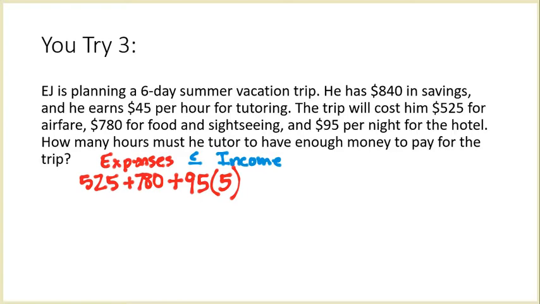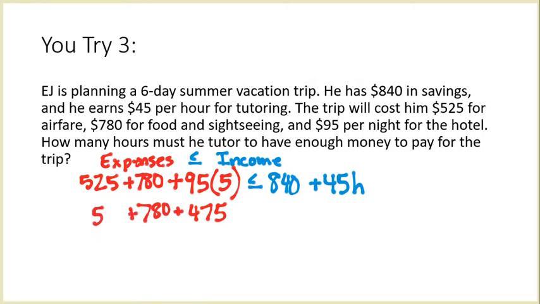So a 6-day, 5-night vacation. This is going to be less than or equal to his income, which is $840 plus $45 per hour times the number of hours. Wow, we should all become tutors. So 95 times 5, that's $475 plus 780 plus 525.